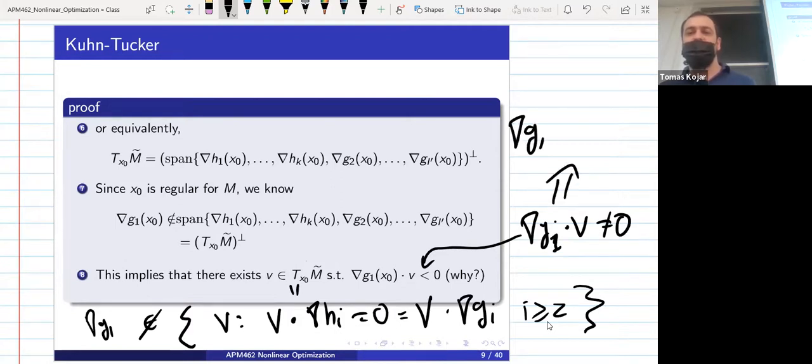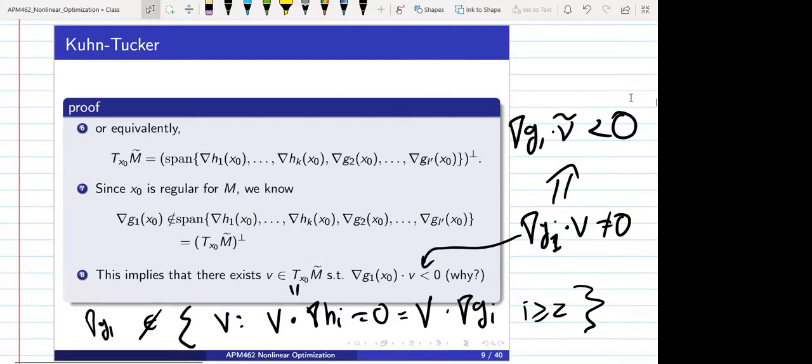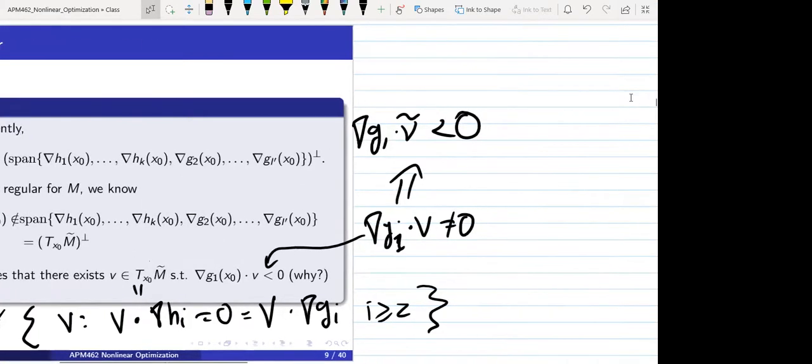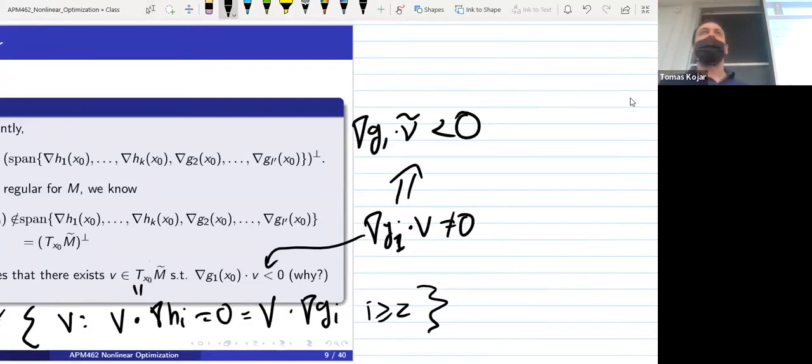Right? So the gradient of G1 with V is not 0, but this is just a linear algebra trick. Why does this imply that there is some V tilde such that it's less than or equal to 0? It's a simple trick. If you have a V that's greater than 0, then you just take the minus of that. Yes, very good. That's it.